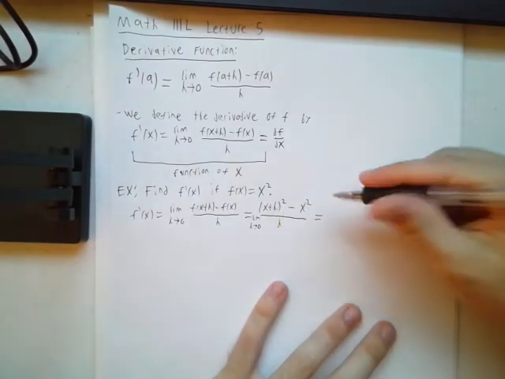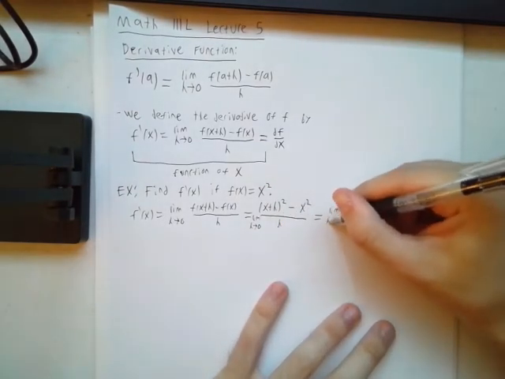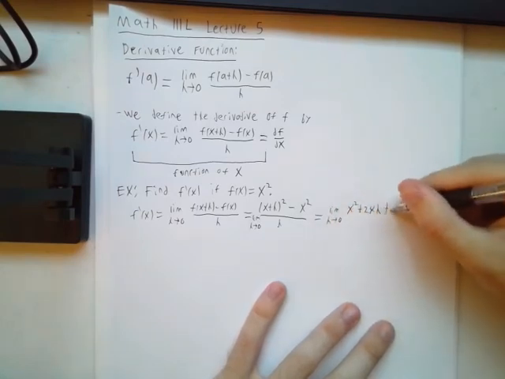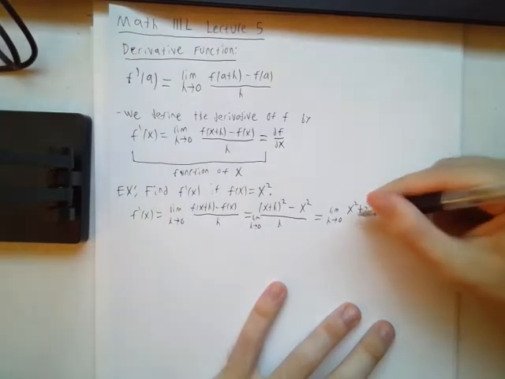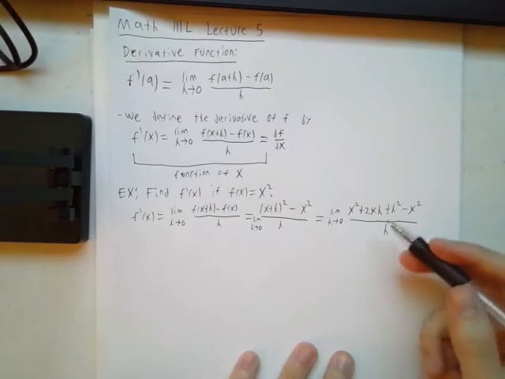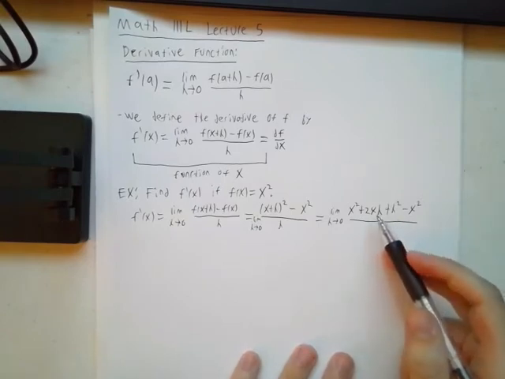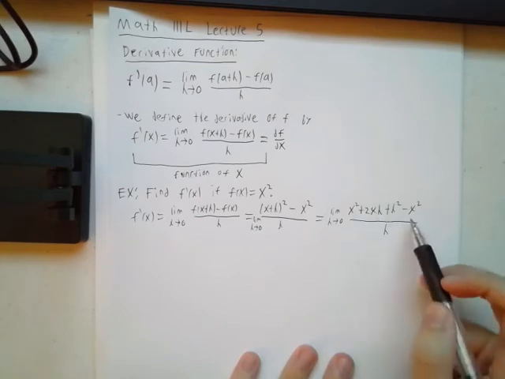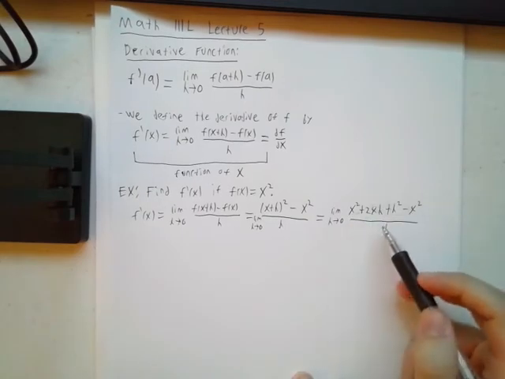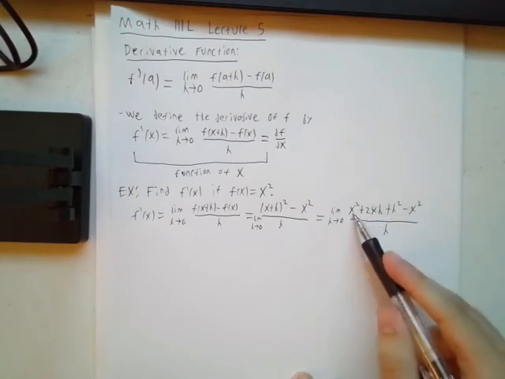Now if we expand the square, then we'll get the limit as h approaches 0 of x squared plus 2xh plus h squared minus x squared, divided by h. And if you remember in the calculation that we did when we had a value that we were plugging in, we got a very similar expression where everything that didn't have an h in it canceled out. So basically we got exactly the same expression as before, except now we have an x instead of whatever the value of a was.